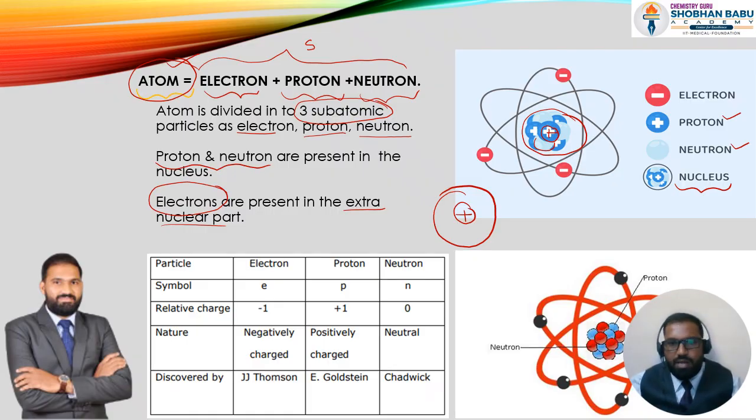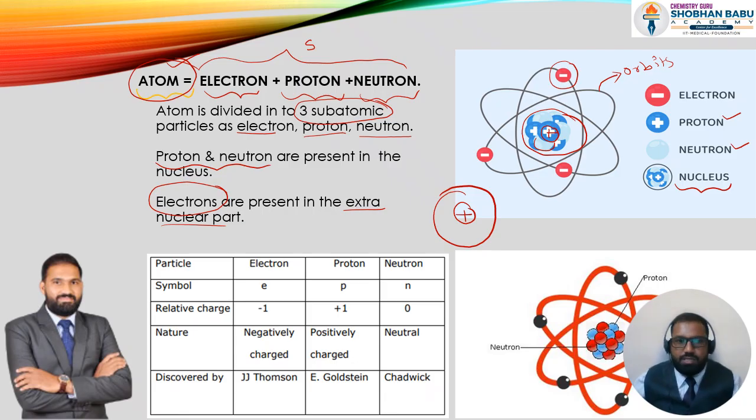In the extranuclear part, apart from the protons and neutrons, we have the electrons. The extranuclear part is nothing but the part other than the nucleus. This extranuclear part is divided into imaginary paths. These imaginary paths are called orbits, where the electrons are revolving.